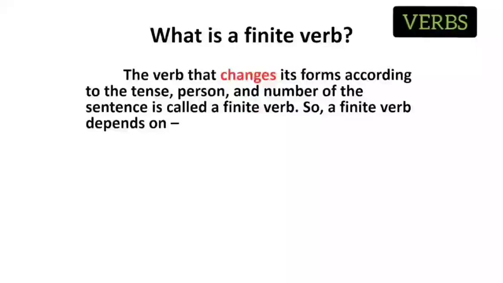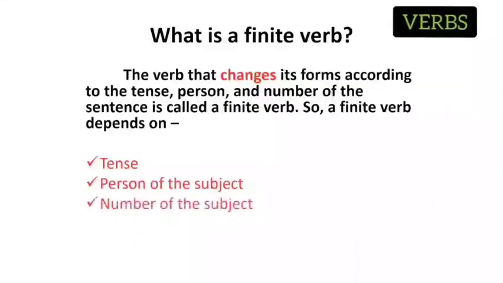We have to see whether the verb can get changed in past or present form. The other forms, like ing, ed, infinitive, participle, these forms are non-finite. So we have to look at the tense, the person of the subject, and the number of the subject.